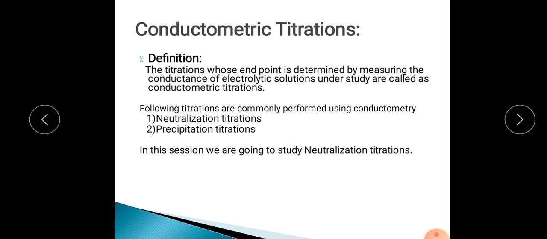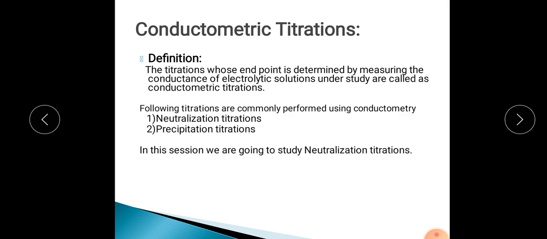effectively be implemented. So the definition of a conductometric titration is: the titration whose end point is determined by measuring the conductance of the electrolytic solution under study is called a conductometric titration. It means those titrations whose end points, neutralization points, or equivalence points are determined by measuring the conductance of the electrolytic solution under study.